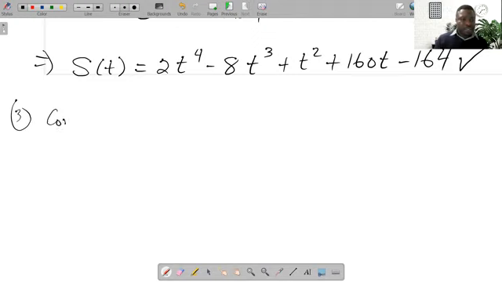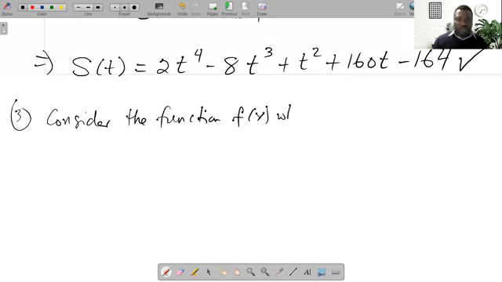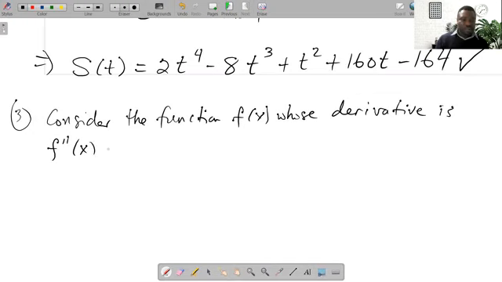It says consider the function f of x whose second derivative is f prime prime of x, and this is equal to 9x plus 6 sine x.